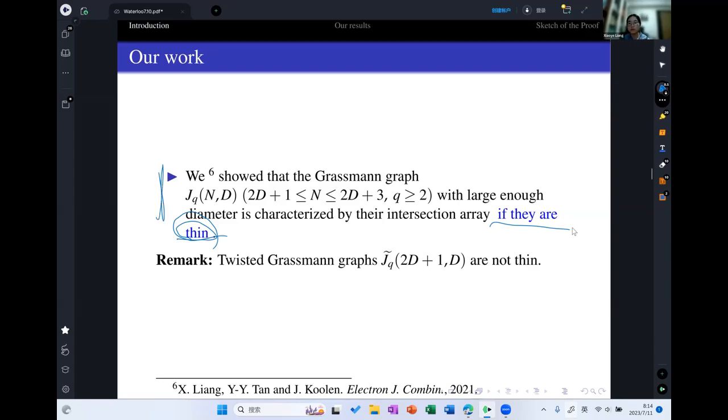We showed the Grassmann graphs with n between 2d plus 1 and 2d plus 3 for all q greater than or equal to 2. This includes all left cases. We show this Grassmann graph with large enough diameter is characterized by their intersection array.